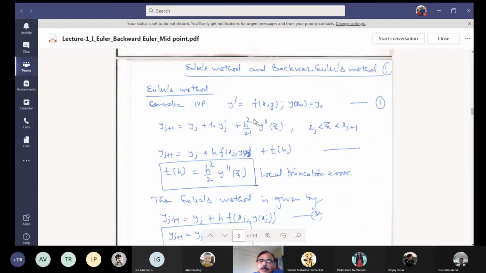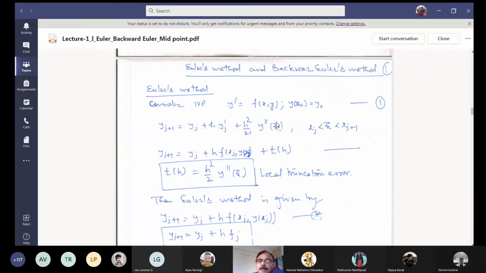Now, before explaining why the word truncation came, I will explain that if we ignore this term, then your yj plus 1 can be approximated as yj plus h yj prime with this much order of error.